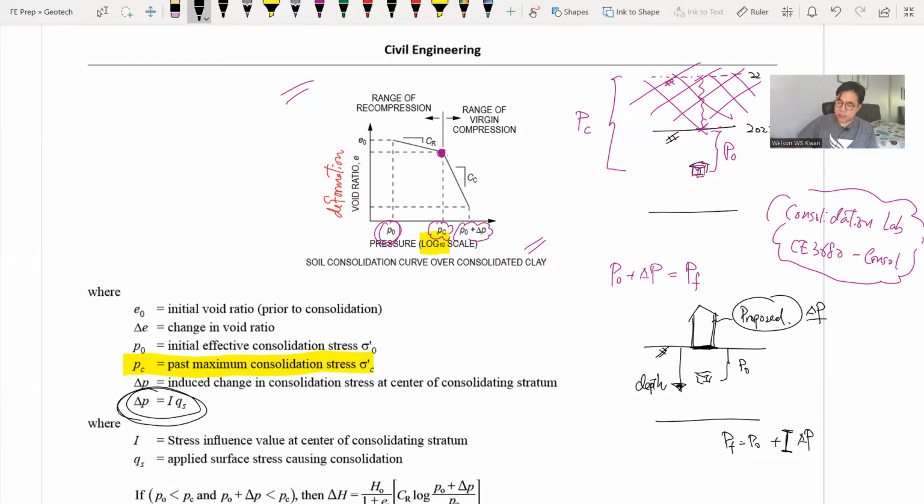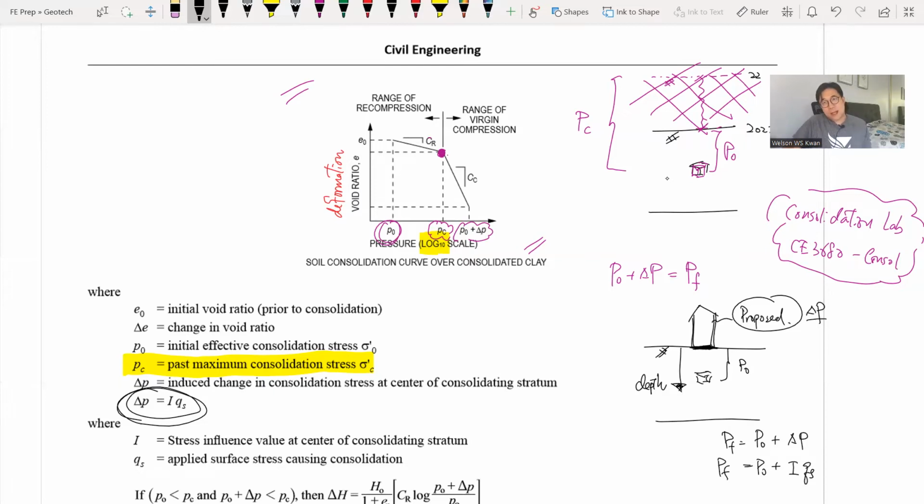To be consistent with the FE manual, the final stress equals P naught plus the surcharge, and for the surcharge we need to take into account the influence factors. This is the final stress.